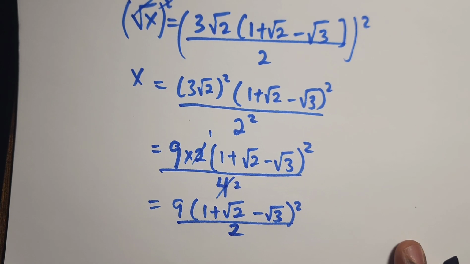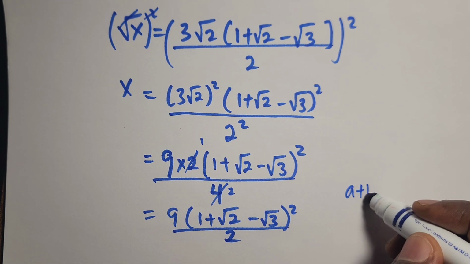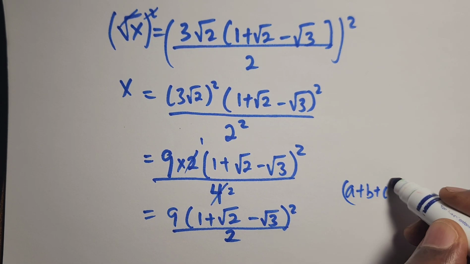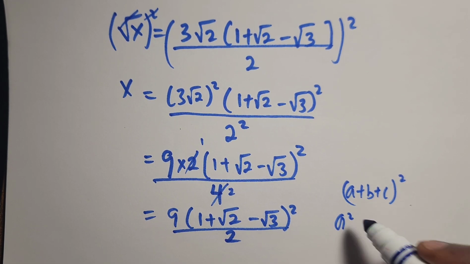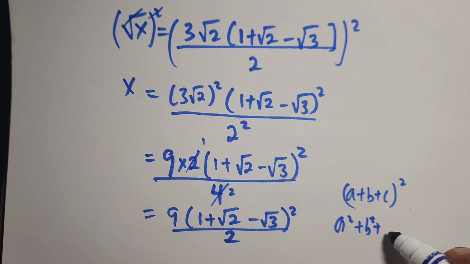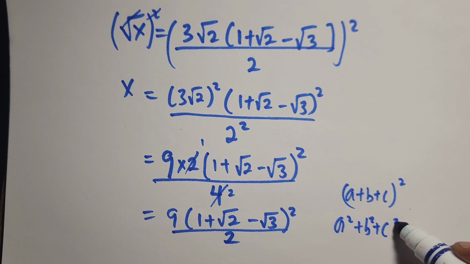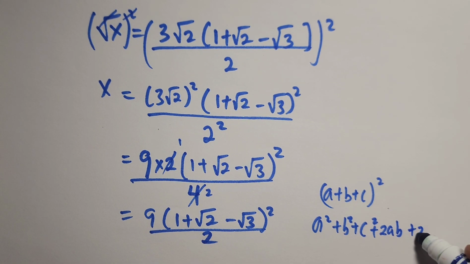Now, I'm going to do something interesting. Recall that when you have a plus b plus c squared, this is the same thing as saying a squared plus b squared plus c squared plus 2ab plus 2bc plus 2ac.